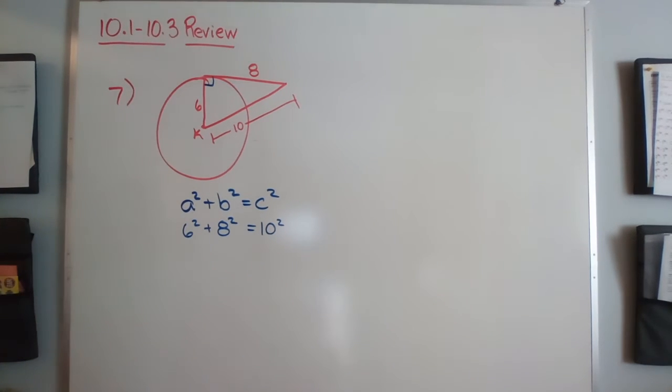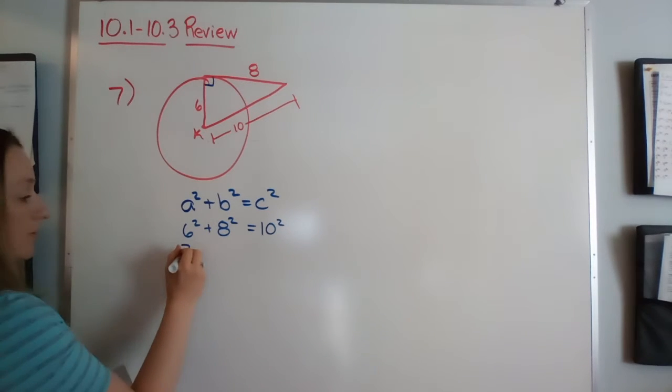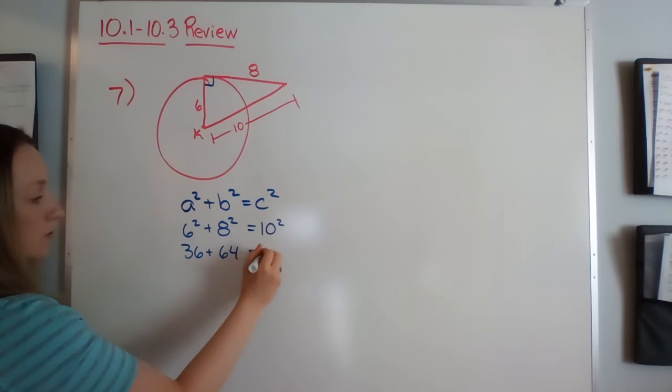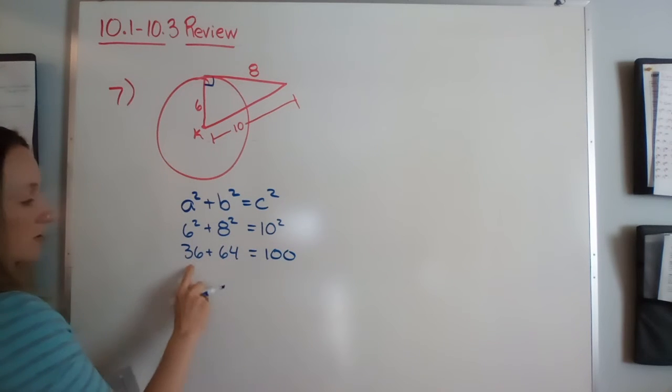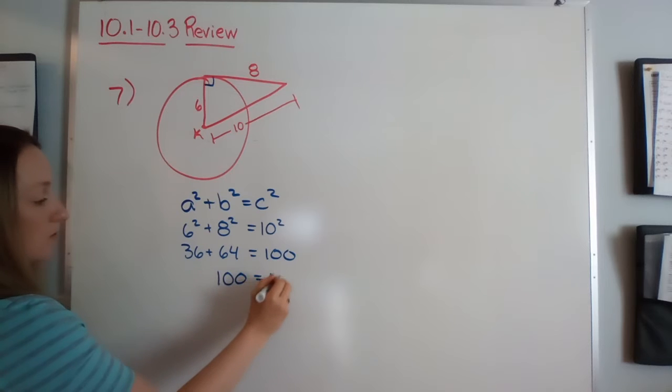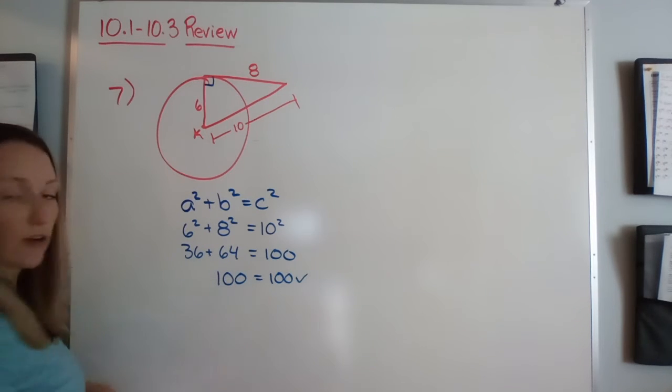Okay, and you're just going to go ahead and simplify and see if both sides of the equation are the same. So you're going to have 36 plus 64 equals 100. 36 plus 64 is 100. So it is a right triangle.